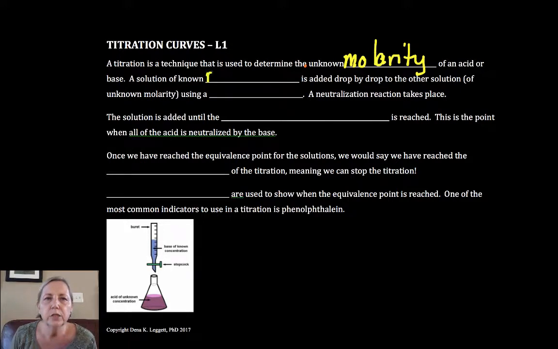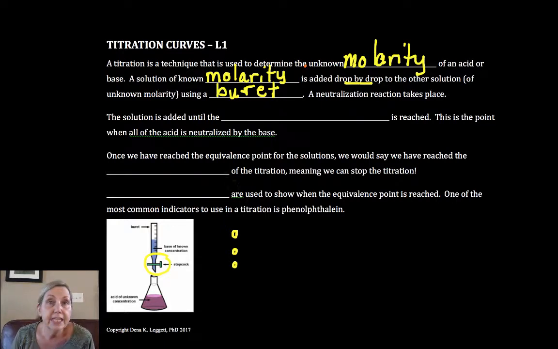So a solution of known molarity is added drop by drop, and we do that using a burette. A burette has a stopcock, and you open it up, and it'll add a drop, or if you're really good, you can flip it and get like a quarter of a drop in there, a very, very small amount at a time. And so a burette is the tool we would use.